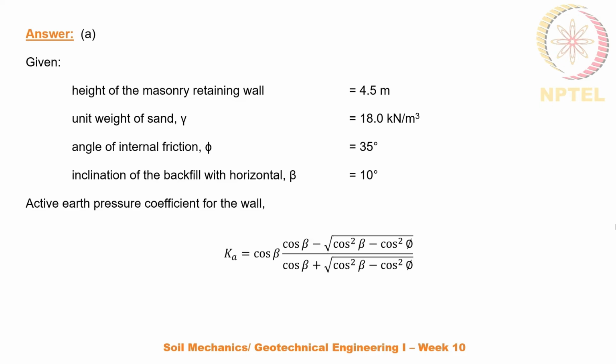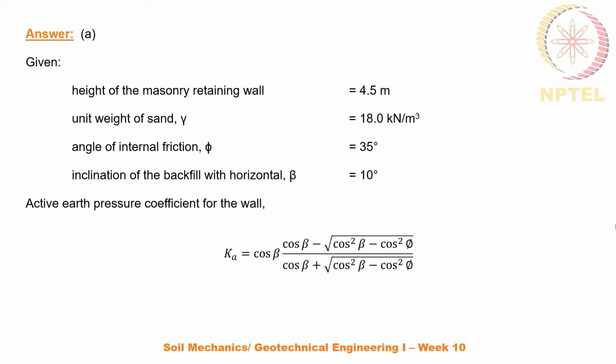So we know that the active earth pressure coefficient for the wall is given by cos beta into (cos beta minus square root of cos square beta minus cos square phi), the whole divided by (cos beta plus square root of cos square beta minus cos square phi).